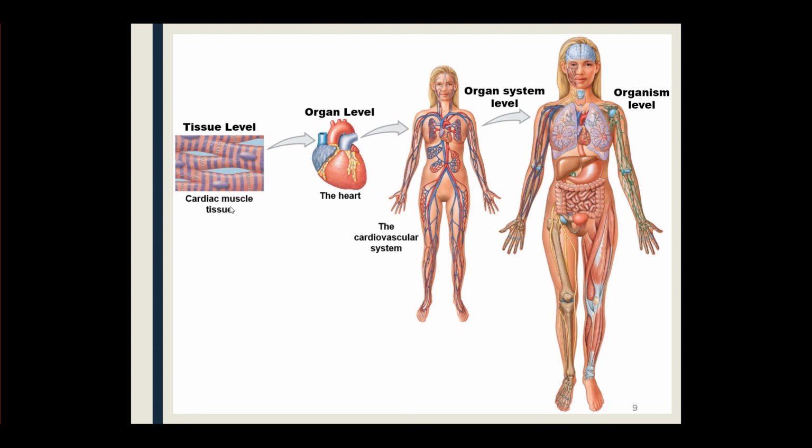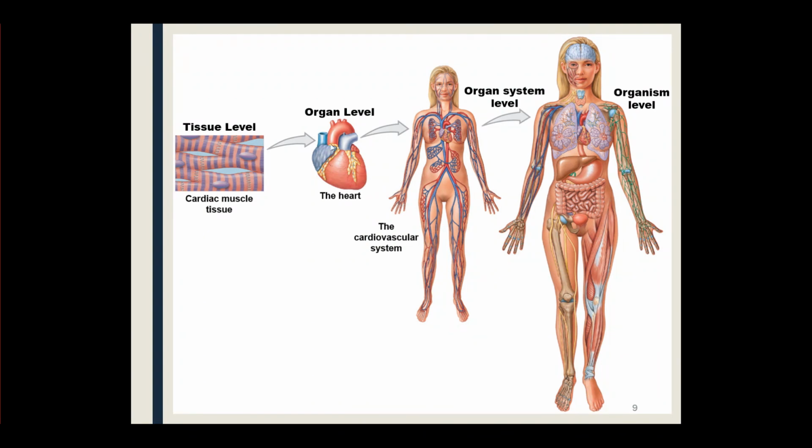We said before that muscle is one of the primary tissue types. So here is cardiac muscle. All the tissues that make up the heart, at the tissue level, are going to combine. They're just showing us the muscle, but as I gave you in my example before, connective tissue, epithelial tissue, muscle tissue and nervous tissue, those four tissue types are going to unite to form, here you go, the heart.